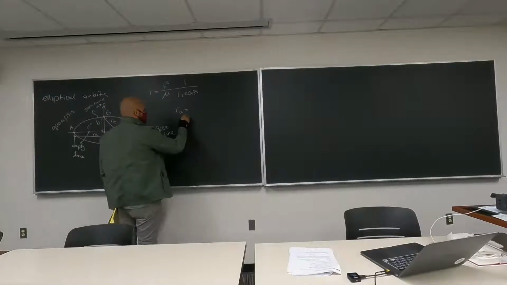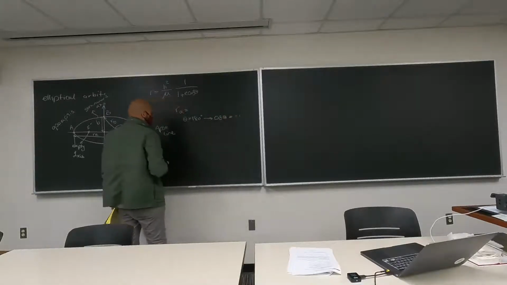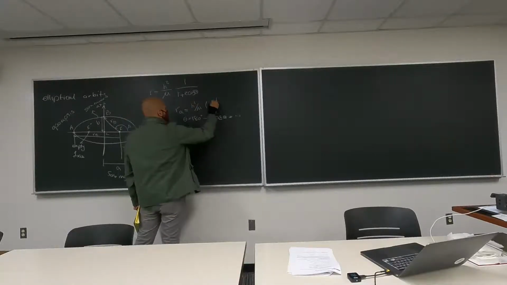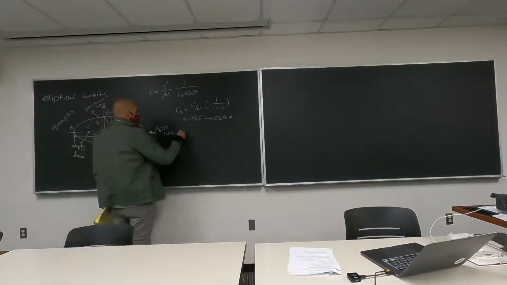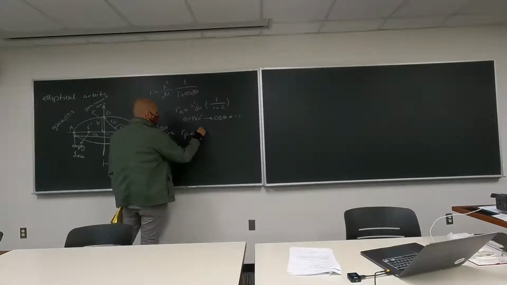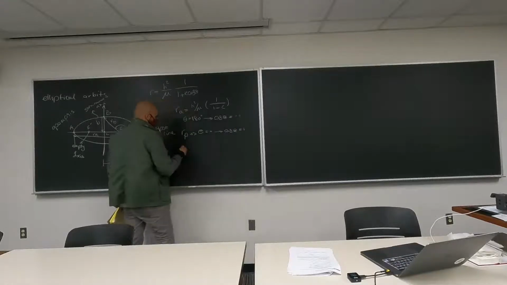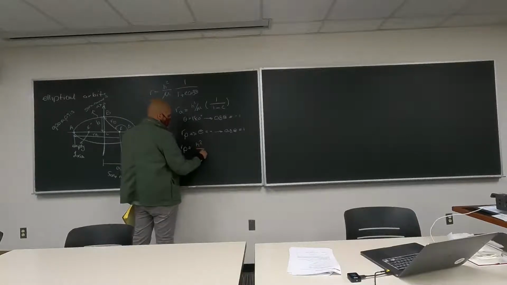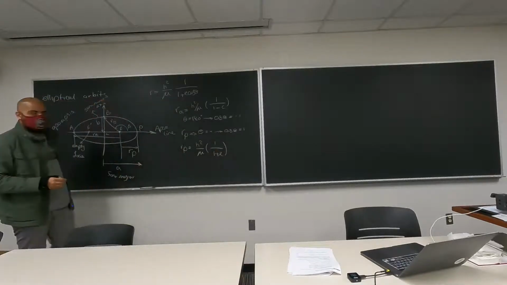Pi, exactly. So theta is 180 degrees, which means that cosine of theta is -1. So R of A is going to be H squared divided by mu, 1 over 1 minus e. And we already know how to calculate R of P: theta is 0, cosine of theta is 1, which means that R of P is H squared divided by mu, 1 over 1 plus e, right?